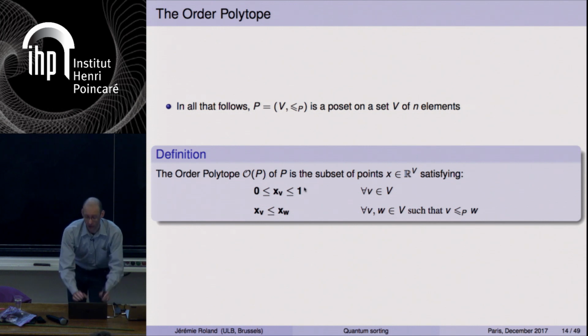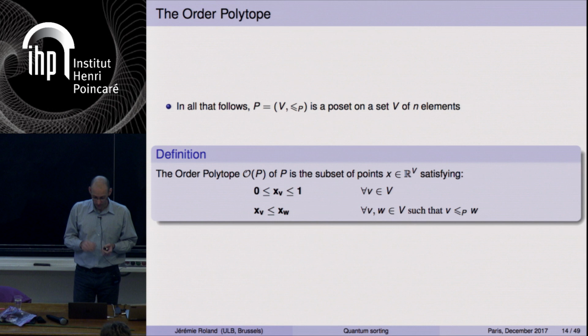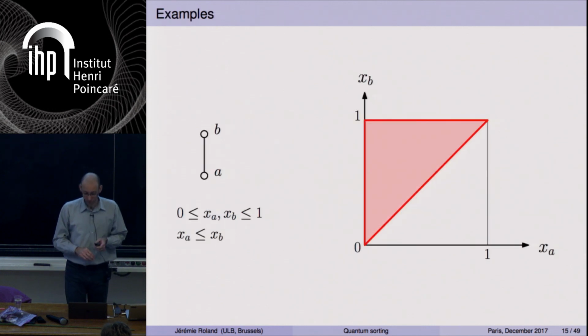And of course, it has to be related to the partial order P. It's related in the sense that whenever v is less than w for this partial order, the coordinate xv should be less than the coordinate xw. So if you want, the coordinates of your point should satisfy the same relations as what is imposed by your partial order. If it's not clear, let me give you an example.